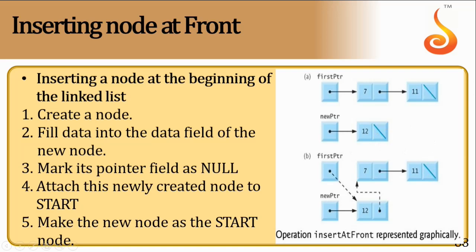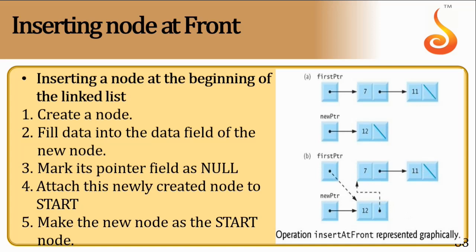Yes, I have marked the pointer field as null. Attach this newly created node to the start. Start is nothing but the first pointer, and make the new node the start. See, the start needs to point here and this one should point to this. Then it will get attached.